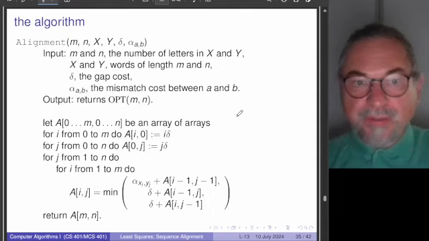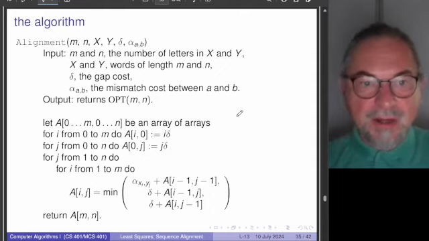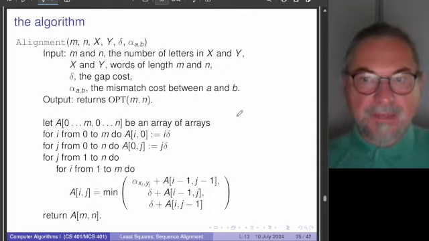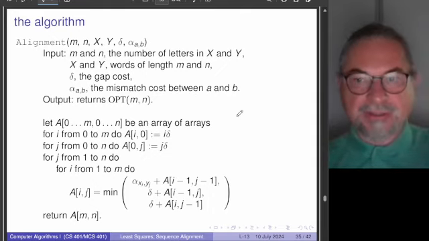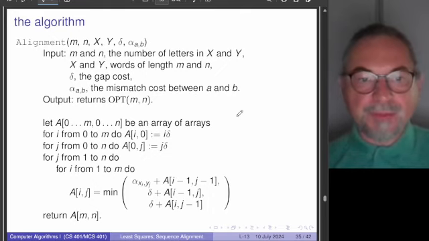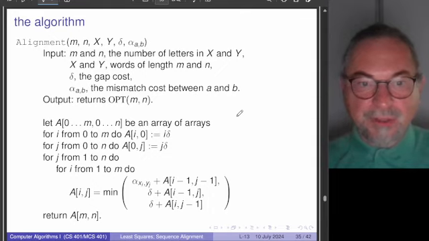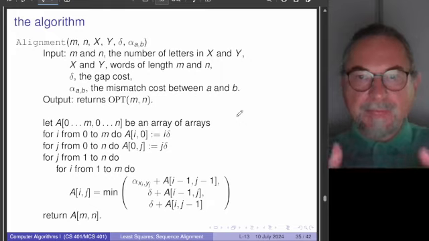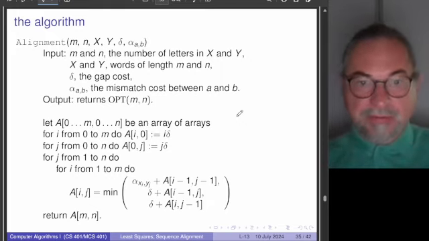Progressively, we're going to evaluate the formula from the theorem. Observe that this is a double loop, so we go over all the columns, over all the characters in the second word, and then in the inner loop, we go over all the characters in the first word. Observe in evaluating the formula that whenever we need the ijth element, we have already computed the elements below, in the diagonal.